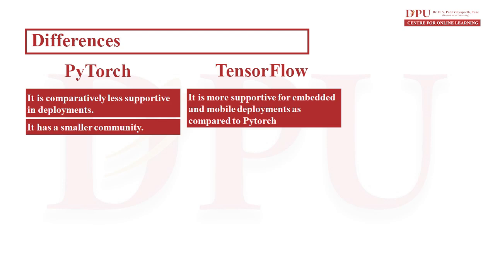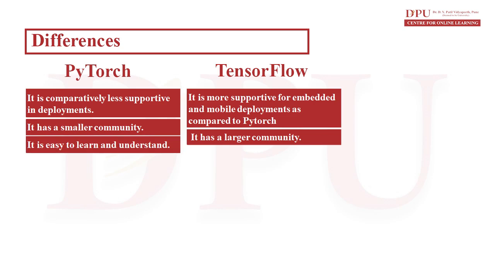PyTorch has a smaller community, while TensorFlow has a larger community. Since it is open source and made by Google, a number of researchers and scientists are making it a larger community.